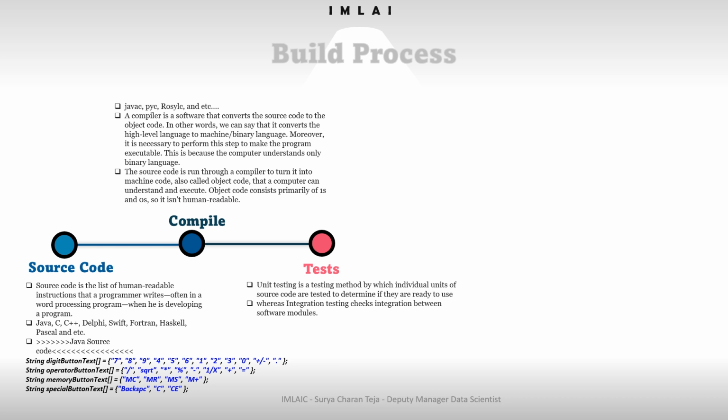Unit testing can be performed any time, whereas integration testing is performed after unit testing and before system testing. Unit testing is executed by the developer, whereas integration testing is performed by the testing team. Unit testing errors can be found easily, whereas in integration testing it's difficult to find errors. Unit testing is a kind of white box testing, whereas integration testing is a kind of black box testing.